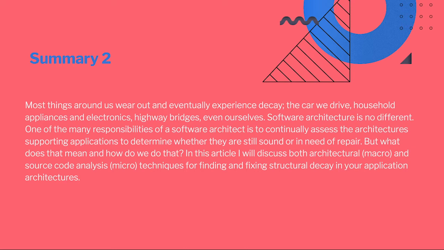Next, the next section in this article explains micro detection. Before this was macro and now is micro detection. Micro detection is another effective way you can determine structural decay in your architecture, by analyzing the underlying source code. There are dozens of code metrics you can gather that tell you a lot about the health of your source code.